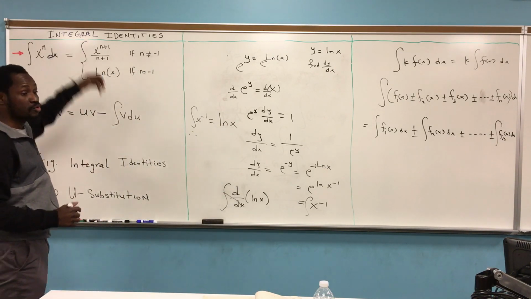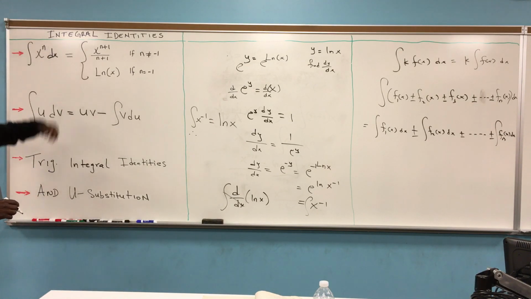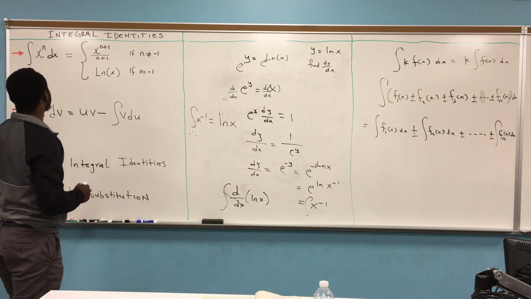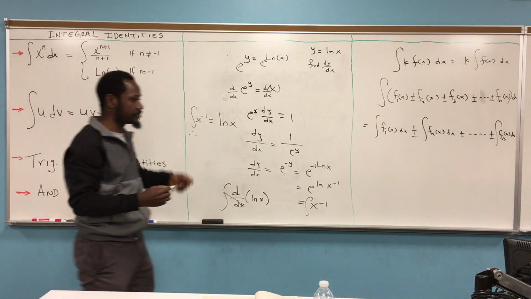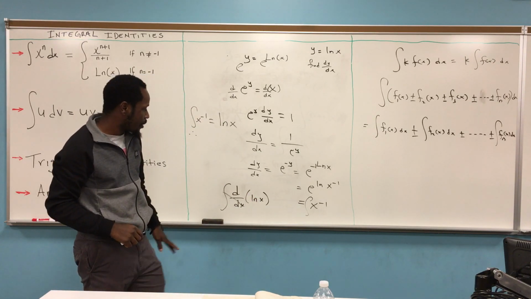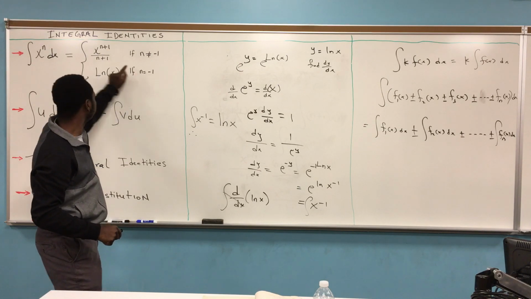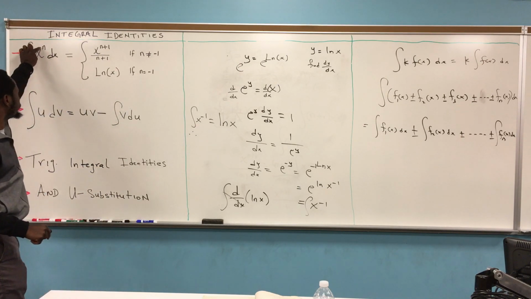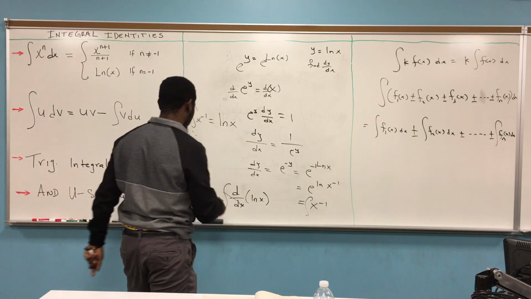Now, whenever you do an indefinite integral, that means you don't have lower and upper limits, you have plus c, the constant of integration. I didn't just add it there. But we can see that whenever the exponent here is minus 1, then you have natural log of x.